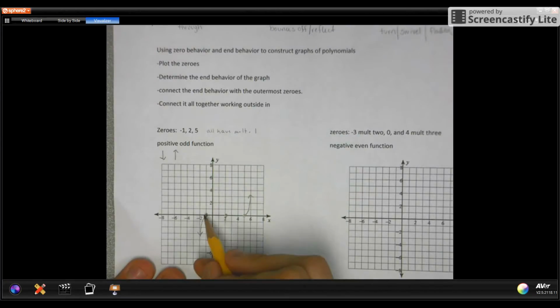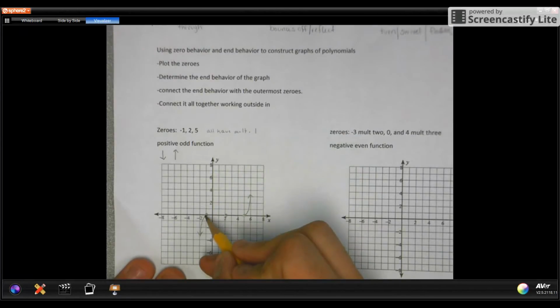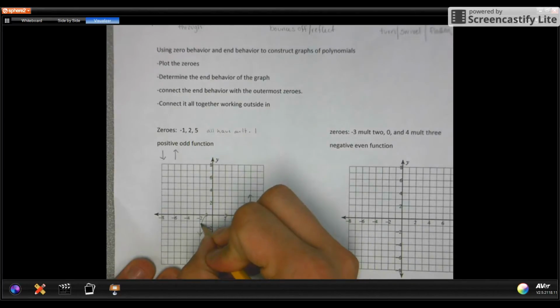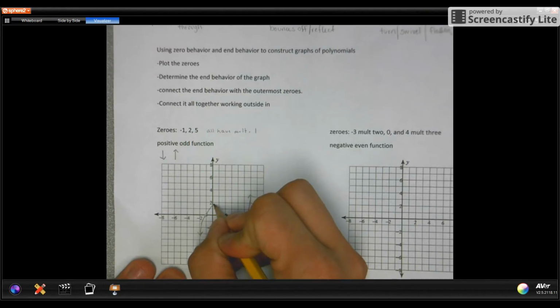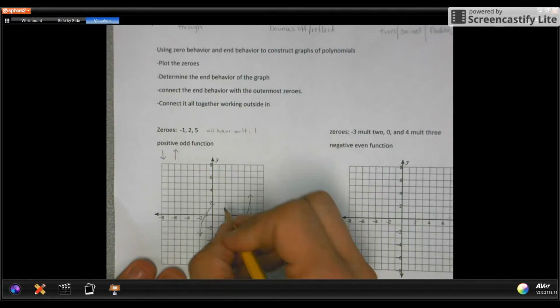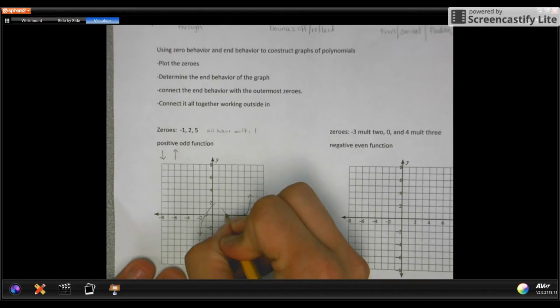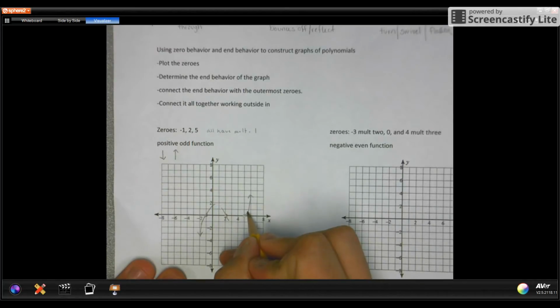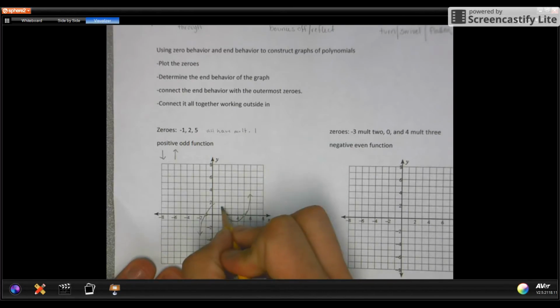Now I'm going to think about the multiplicity. So I know that when I have a zero with multiplicity of 1, it goes through the graph. So here we go. Okay, and then I think about this zero as well. It has a multiplicity of 1, which means it's going to go through. And then this zero also has a multiplicity of 1, so that means it's going to go through. And then you just think about how it would connect.